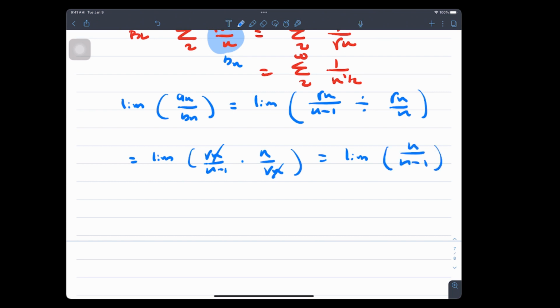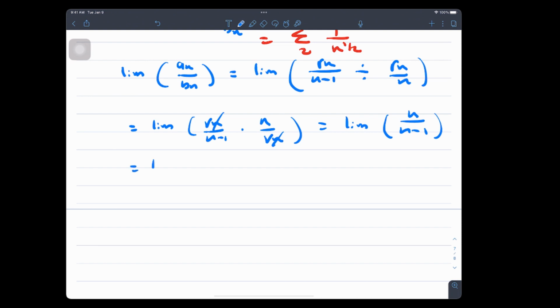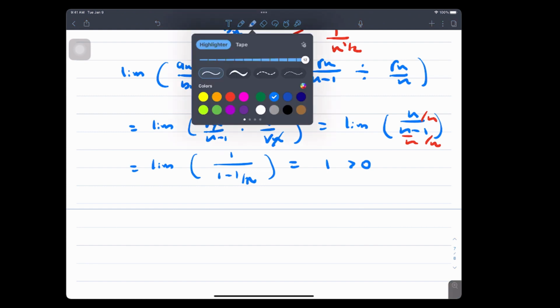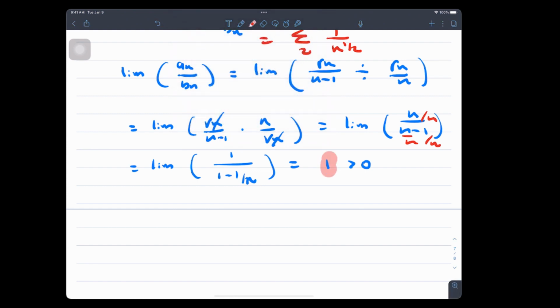Is that true? And again, if I divide everything by n, via calculus 1, divide by n every term. So this is a calculus 1 question. And then this limit is 1 again, which is positive and finite.